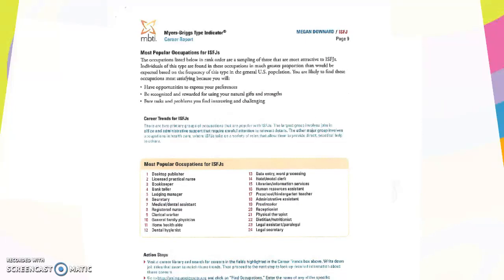If you remember the lecture yesterday, we went through writing your name with your preferred hand, which is the way you most likely learned how to write your name, and then writing your name with your opposite hand. Most popular occupations would be natural fits for you, like writing your name the first way. Least popular occupations would be like writing your name the second way with your opposite hand.